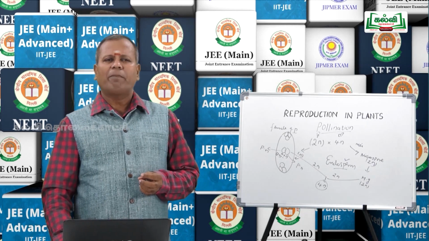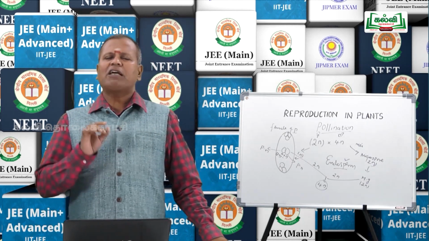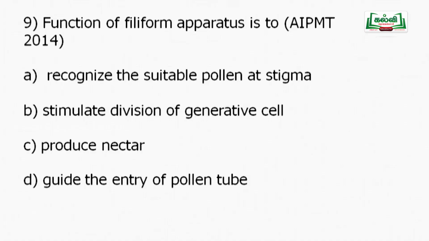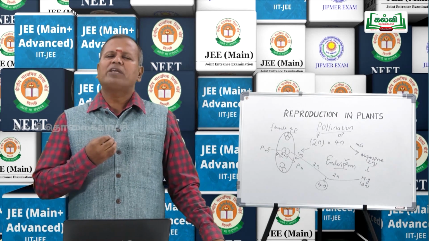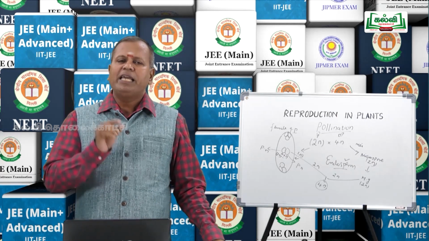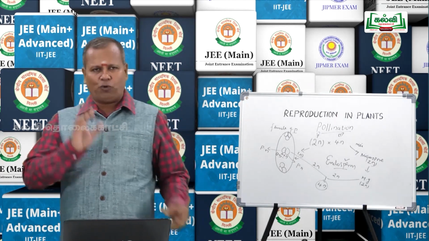Then question number 9, the function of filiform apparatus is to: A, recognize the suitable pollinate stigma, B, stimulate division of the generative cell, option C, produce nectar, and option D, guide the entry of pollen tube.